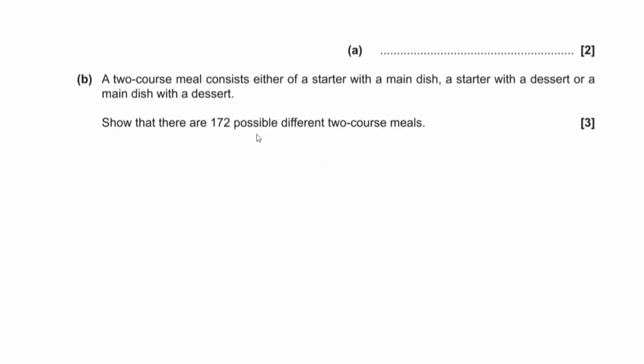Part B, a 2-course meal consists either of a starter with a main dish, a starter with a dessert, or a main dish with a dessert. Show that there are 172 possible different 2-course meals. So, we've got this starter and the main.